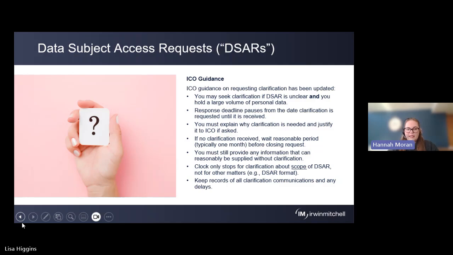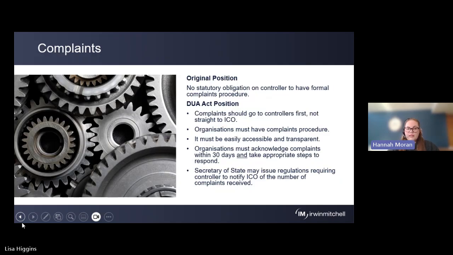So moving on to complaints. At the moment, there's no legal requirement for controllers to have a formal complaints procedure. So at the moment, if, for example, you receive a DSAR, the person's not happy with your response, they could complain straight to the ICO.